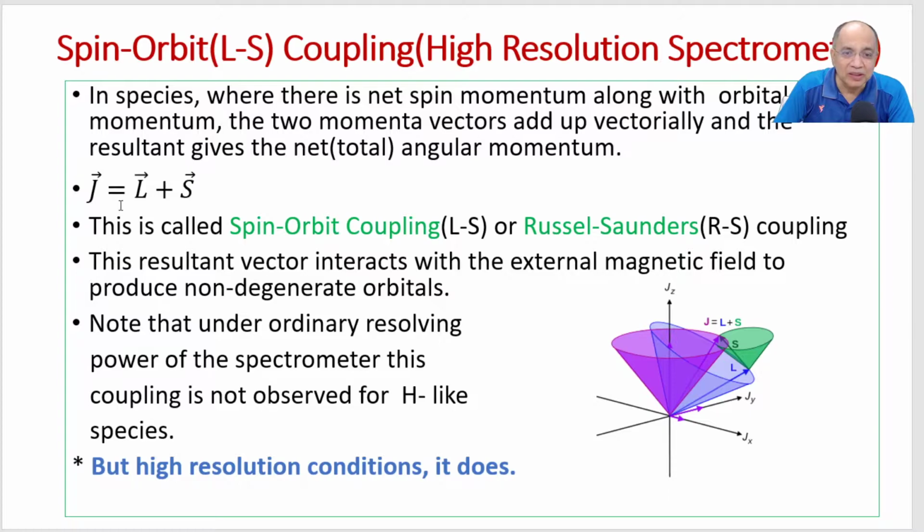And now this is denoted by the J vector. L is the angular momentum due to orbital motion, also called the orbital angular momentum or the azimuthal quantum number.